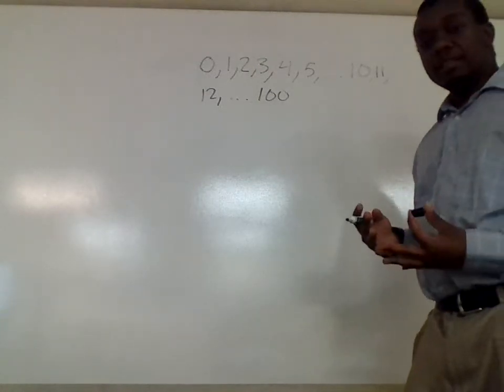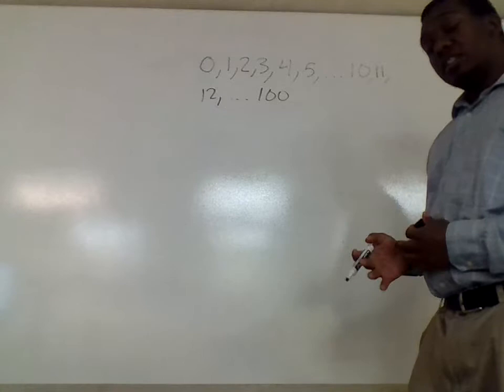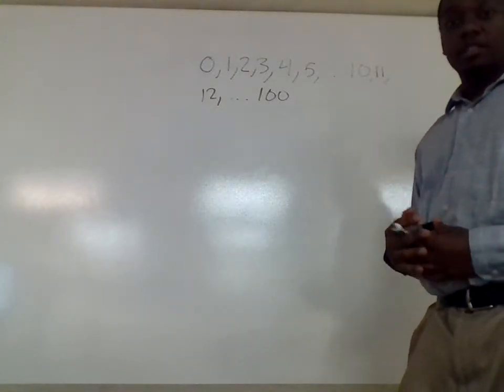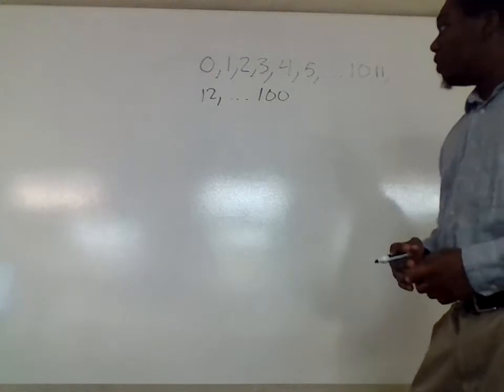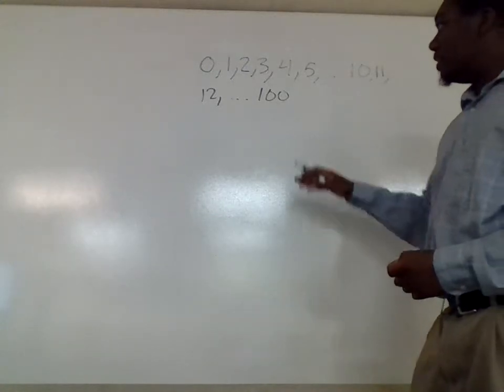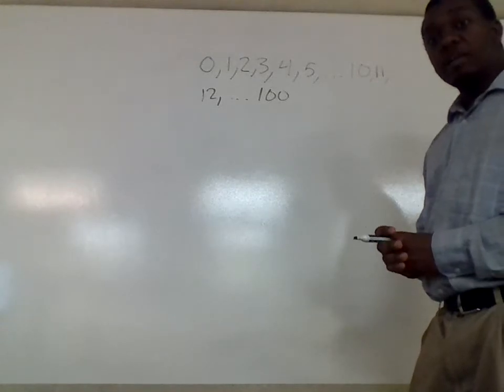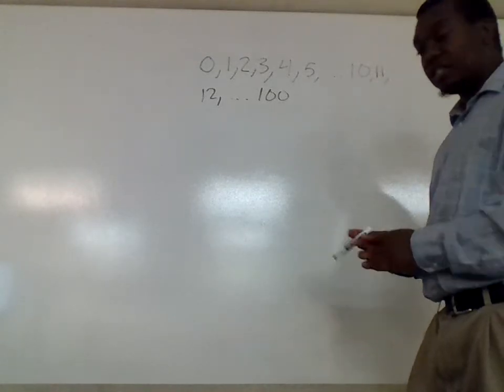Well, this is because we have in our system of numbers, which we call decimals, meaning numbers based off of 10, we have our place values. And our place values tell us how many we have of a certain power of 10.